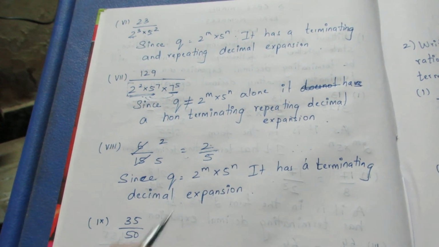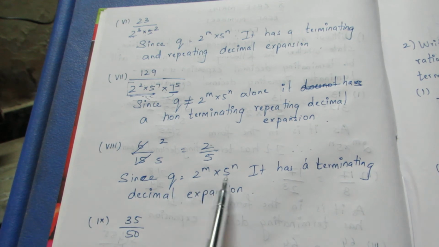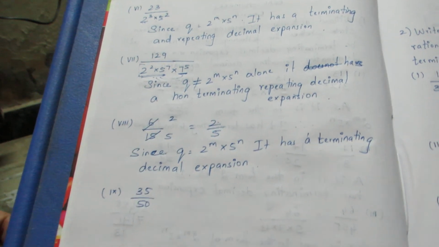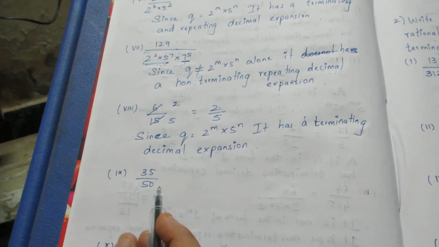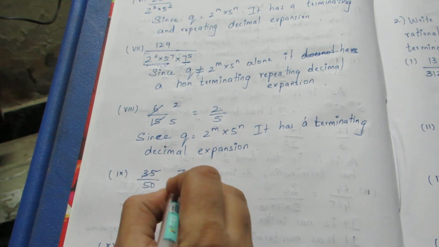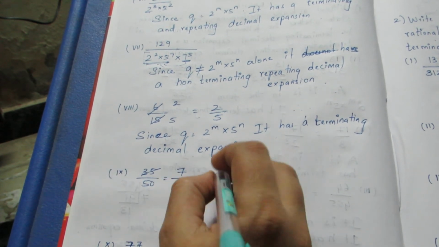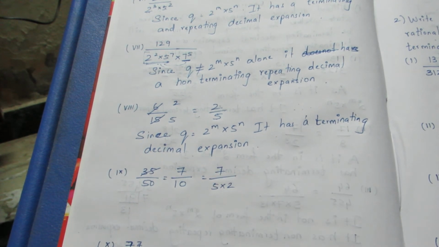So it has only 5. So even with only 5, you can write this to be q is equal to 2 power m into 5 power n. We'll move on to the next one, ninth one. Here this goes in 5 tables, so we need to simplify it. 5 sevens are 35, here 5 twos are 10. 10 can be written as 5 into 2.